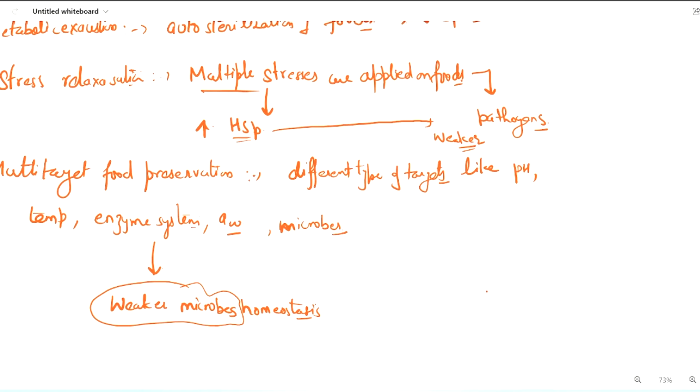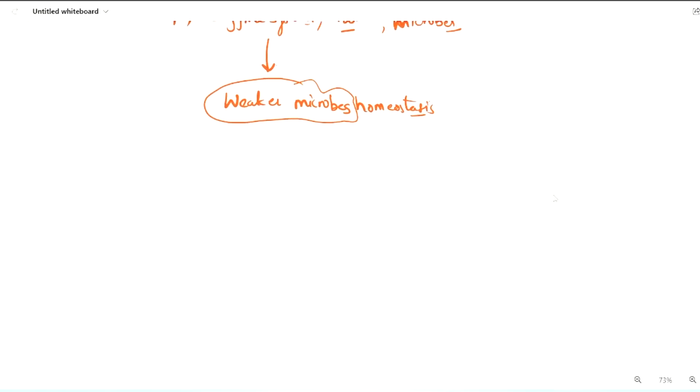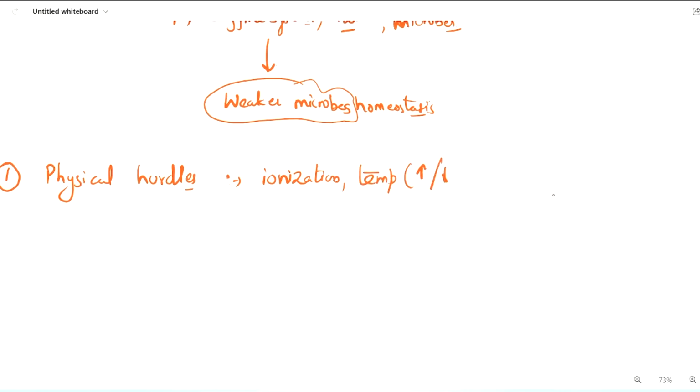On that basis, the different types of hurdles used in combination are, number one, physical hurdles. It could be treatment with ionization, or treatment with temperature, at high temperature or at low temperature.